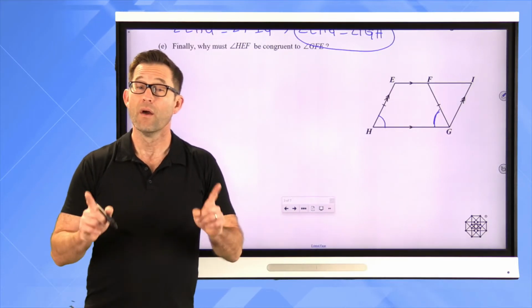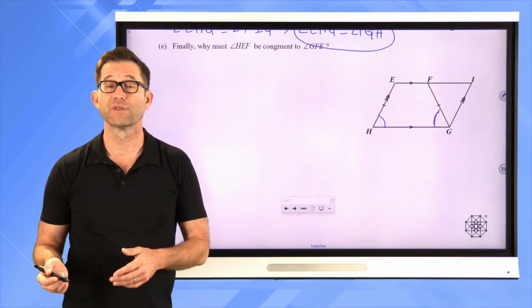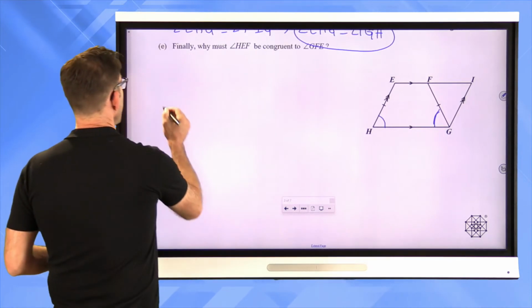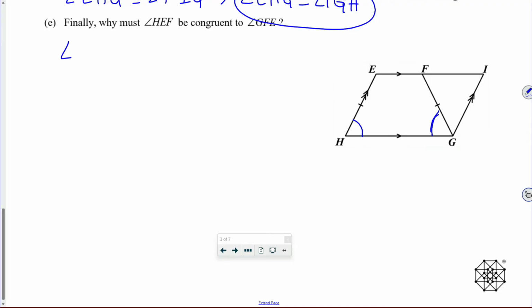All right, well, this takes us all the way back really to exercise number 1 where we talked about supplements, right? We know that angle EHG is supplementary to angle HEF.